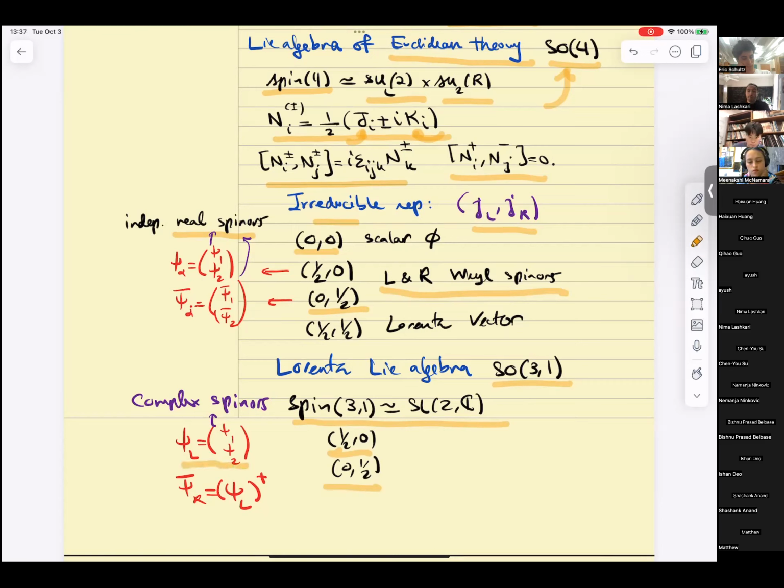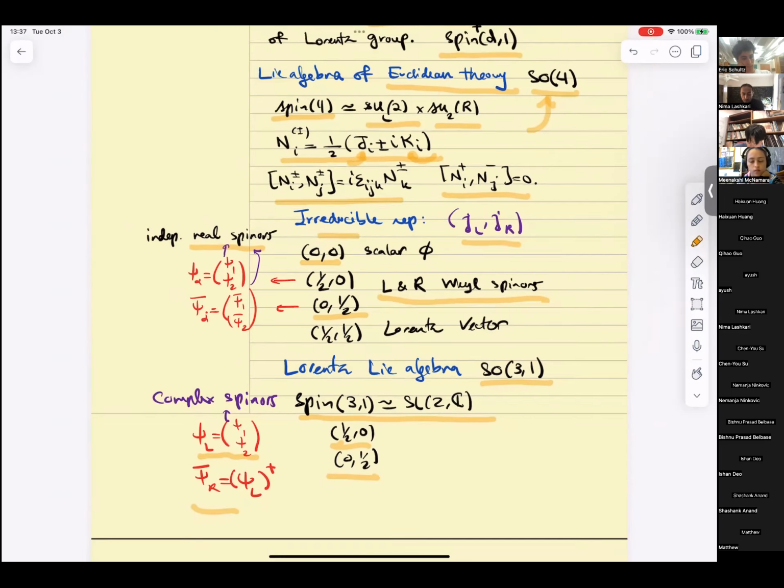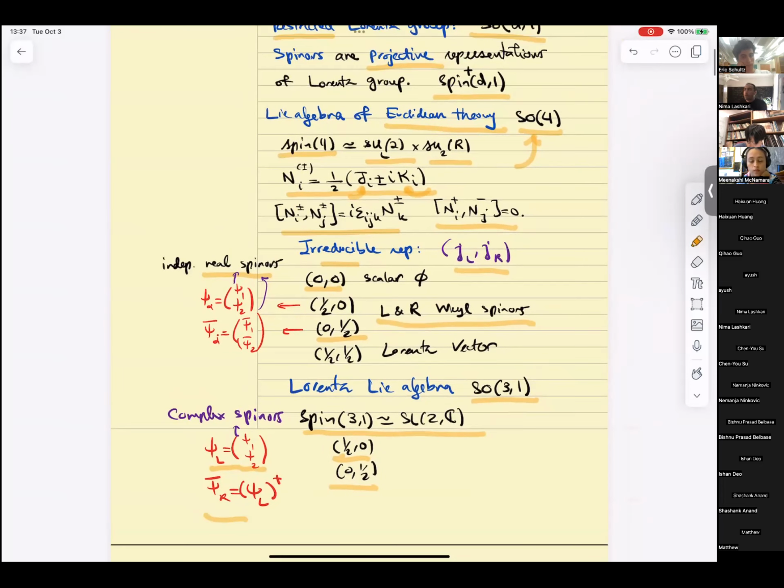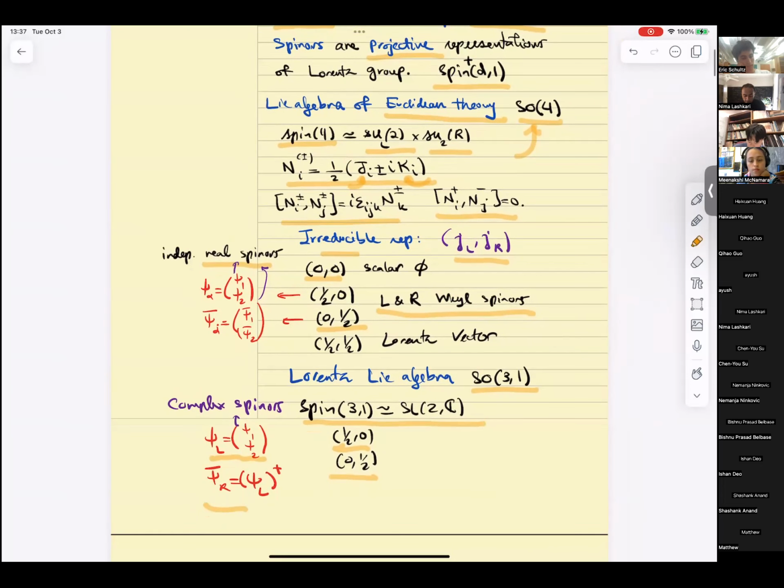You're going to have a complex left spinor. So these variables psi_1 and psi_2 are now complex, but of course the total number of degrees of freedom is conserved. It comes at the cost of the right-handed spinors being the dagger, the adjoint, of the left-handed ones. Right? Any questions?